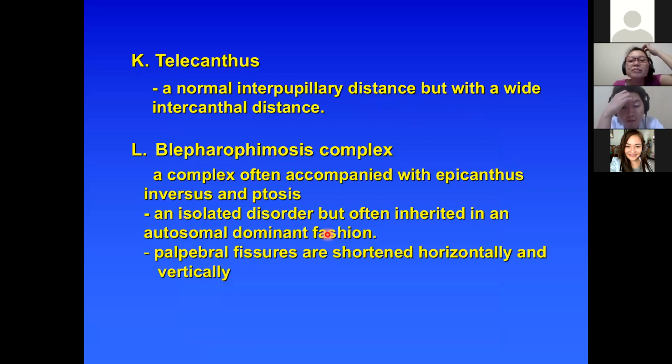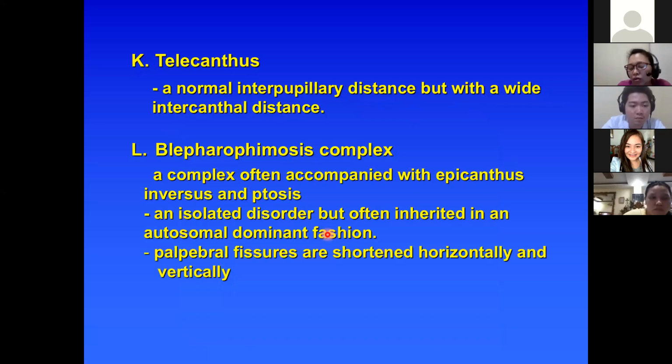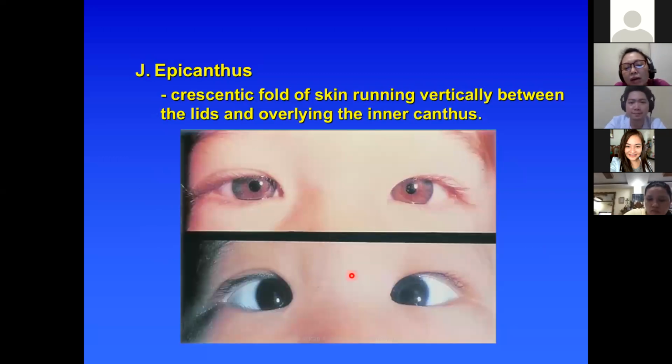Telecanthus naman, there is a wide intercanthal distance. Let's go back. Akala mo ba wide ang intercanthal distance ng batang to? If you will measure, you thought na this is already the medial canthal area. Of course, no. That is just a fold of skin.